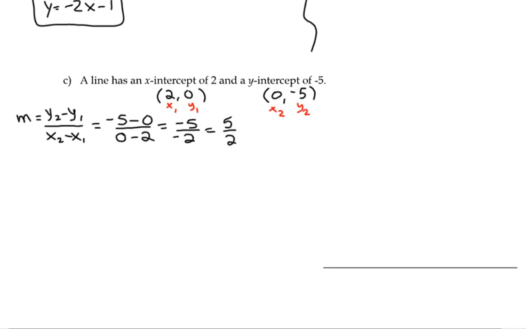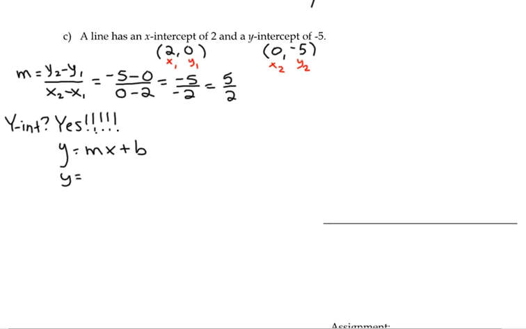Okay, so next question we ask ourselves is, do we have our y-intercept? What's the answer this time? Yes. Yay! It's so nice when that happens. It's so much easier. Because then which formula can we use? y equals mx plus b.